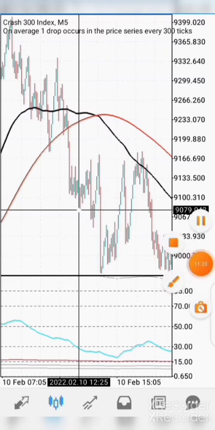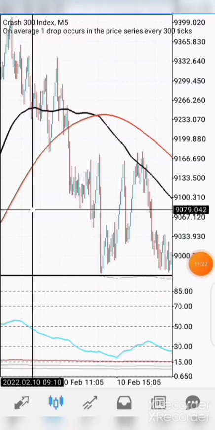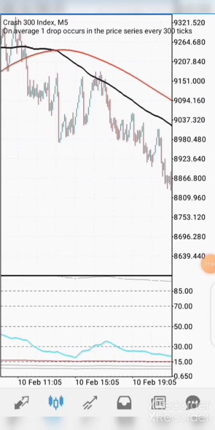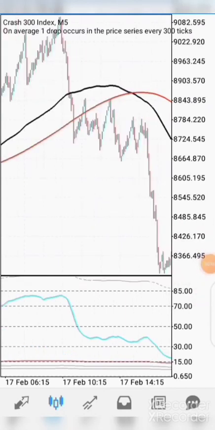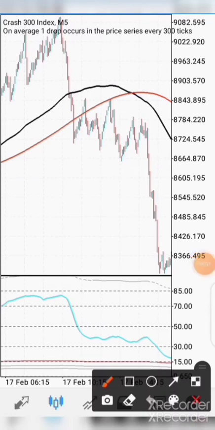Let's move forward again. So now, this is where presumably you entered here. Remember the rules of the game. So long as the price is below this moving average, you can hold your trade.